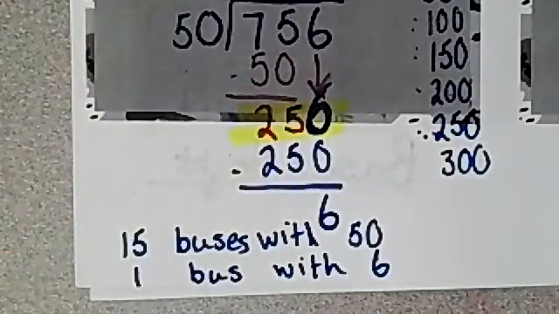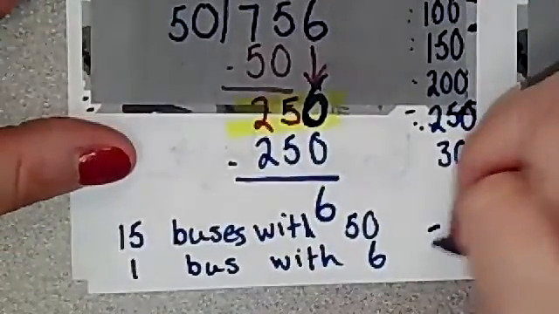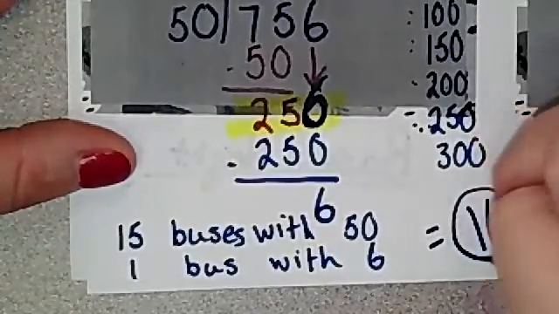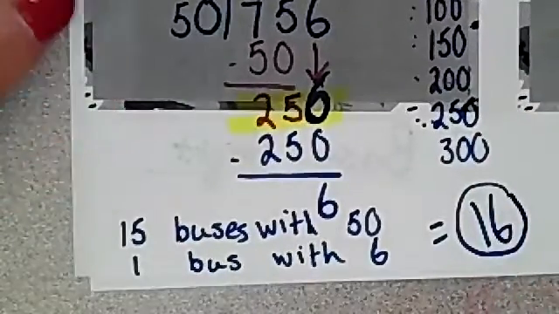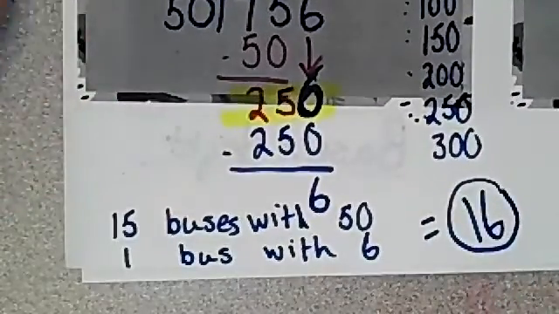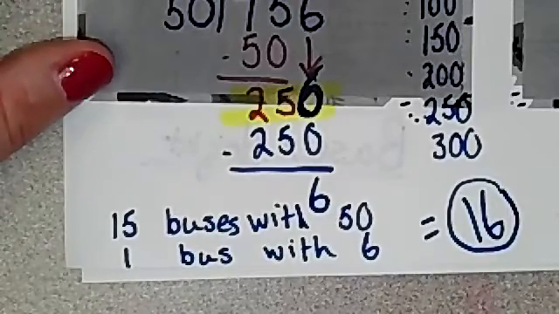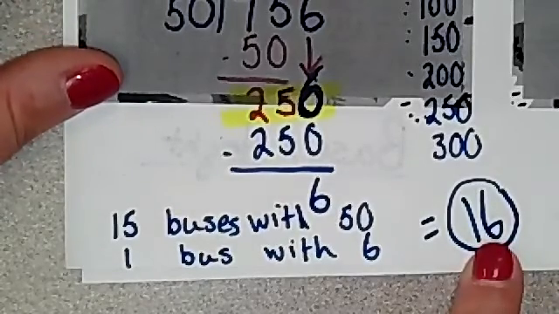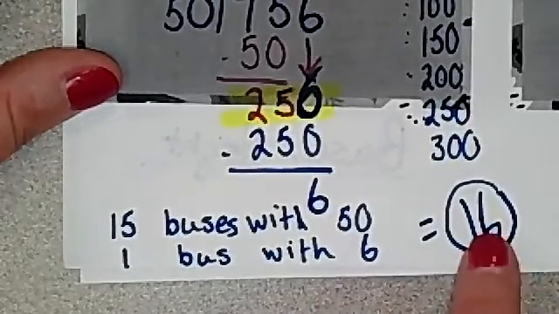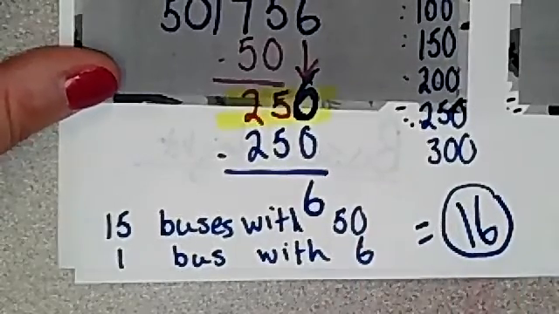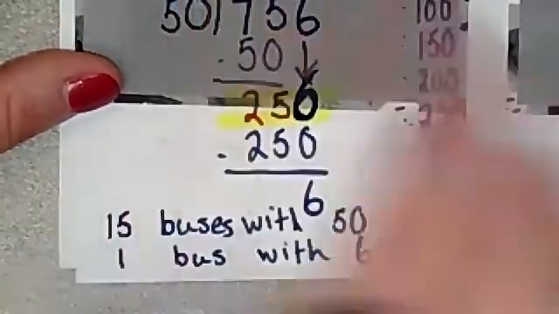So how many buses do I need, Colt? I need 16 buses. This is one of those problems where you have to add 1 to the remainder. You've got to get 1 more bus because you have to hold all of the children.